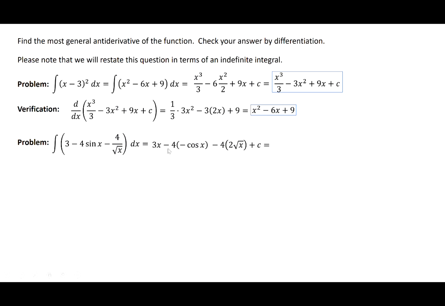And when you do that, let's see. The integral of 3 is 3x, minus 4 times the integral of sine x, which is negative cosine x.